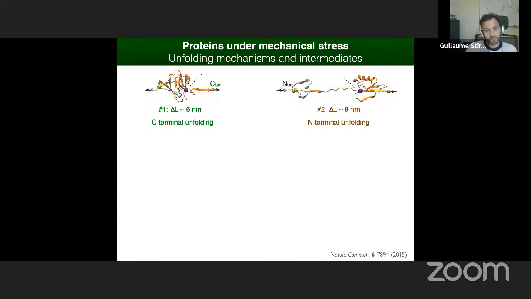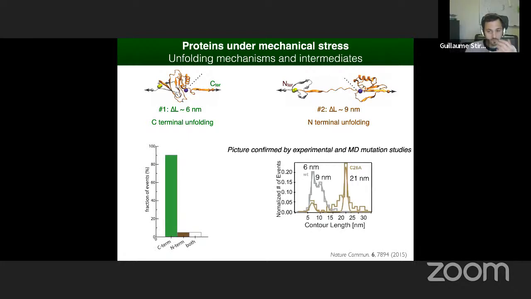So if you unfold one way, you first generate this 6 nanometer unfolding, and then the rest of the protein would unfold when it detaches from copper, and the complementary of that when you do unfolding from the N-terminal side. And this picture, which was seen from the molecular point of view of the simulations, mostly from the C-terminal in the simulation at least, was then confirmed by further experiments.